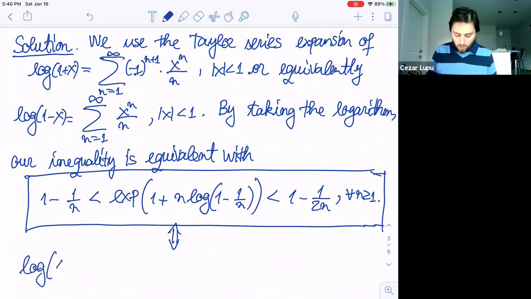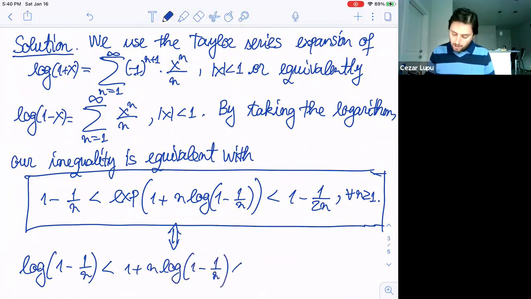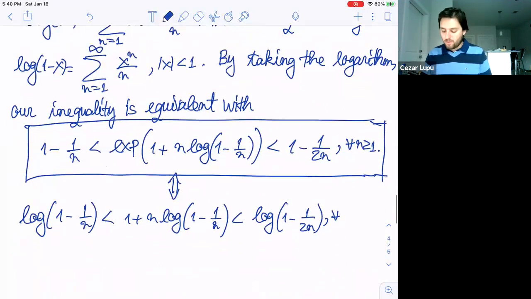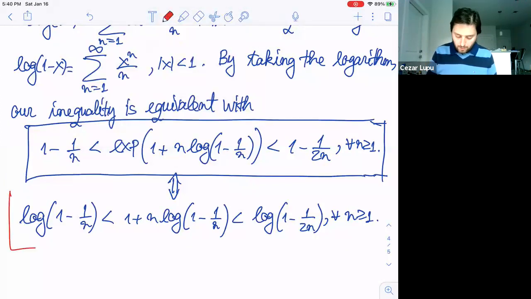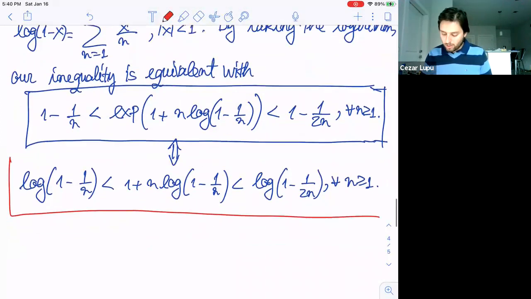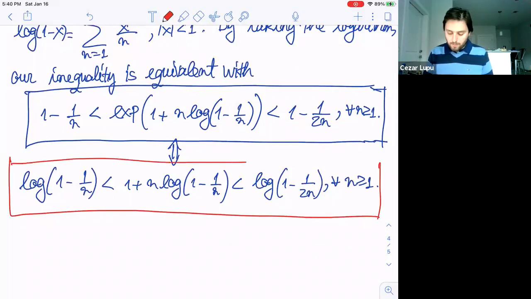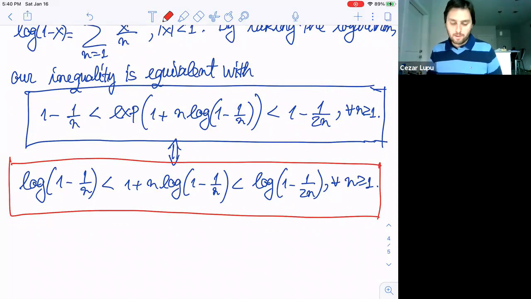This would be log of 1 minus 1 over n less than 1 plus n log of 1 minus 1 over n less than log of 1 minus 1 over 2n. And in fact, we will prove this last one. This is the one that we would like to prove. So if we prove this one, we proved our conclusion.